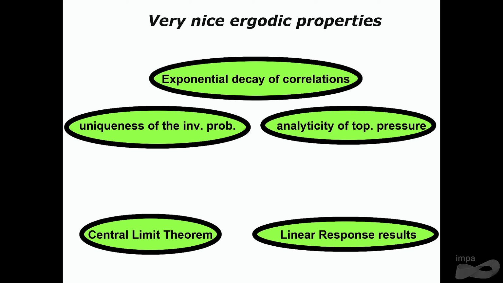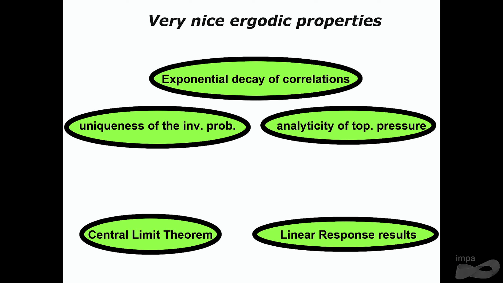It turns out that many of these, I'm not going to say all of them, have very nice ergodic and statistical properties. For instance, they have a spectral gap, as they say. They have exponential decay of correlations for sufficiently regular observables. They satisfy the central limit theorem for some smooth observables.